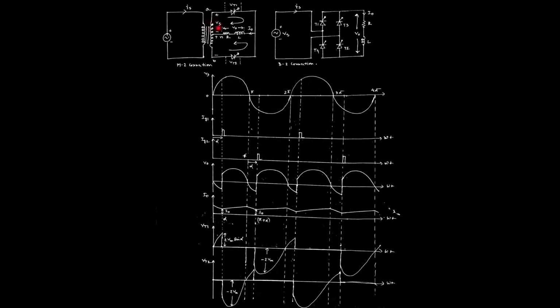In this particular operation, the first thing that is very important to understand is, when one thyristor starts conducting, how much voltage will appear across the second thyristor, which was in the off state. That is true under any circumstances.